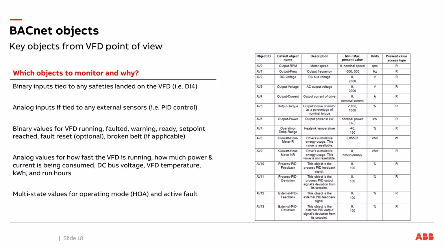And the drive would come back and say, hey, I'm running at 45 hertz. So now the building automation system would know that the drive is running at 45 hertz because it asked for the value of AV1. So that's ultimately what BACnet is doing. It's got these answer keys, these tables like this, that you ask the drive questions based on your AVs and your BVs and all those different types of objects we just looked at on the previous slides.